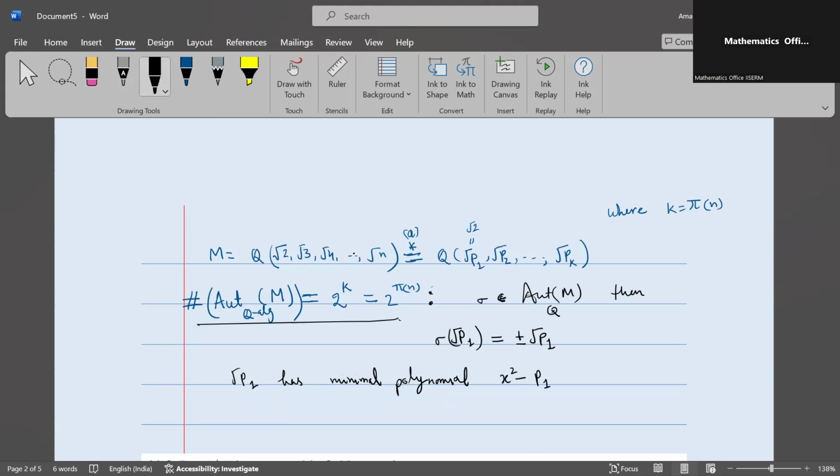And now, if this is your minimal polynomial, sigma sends a root of an irreducible polynomial over Q to a root of the same polynomial.